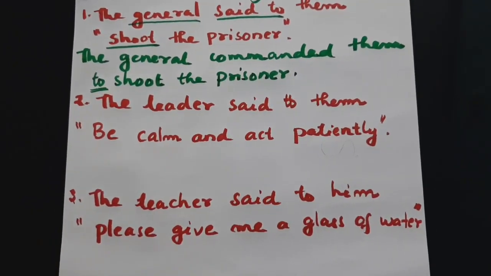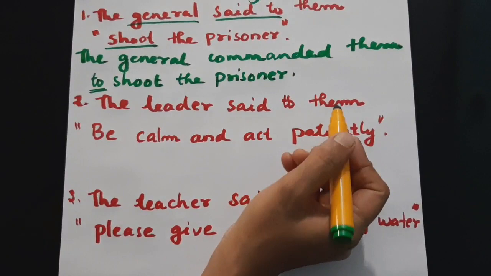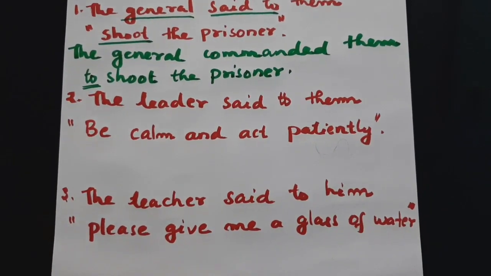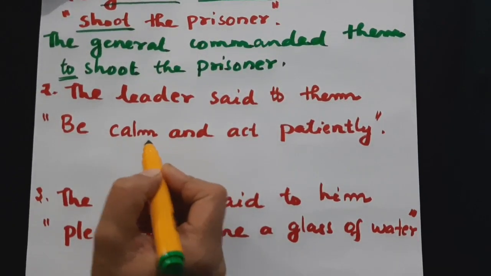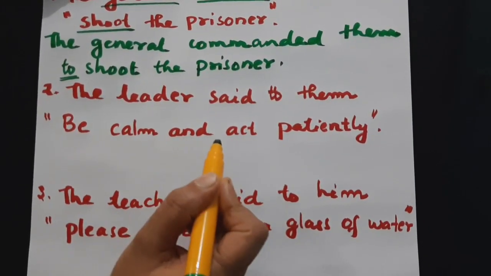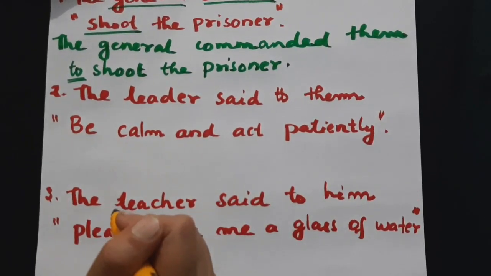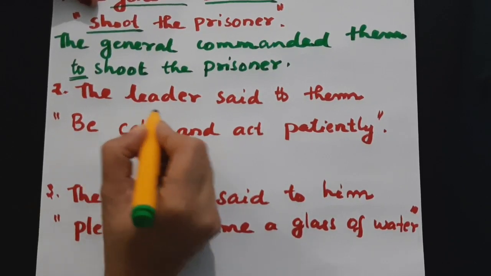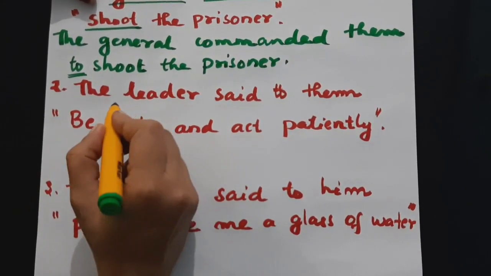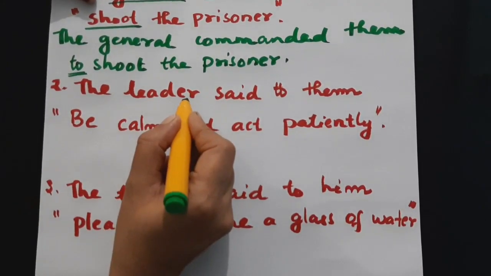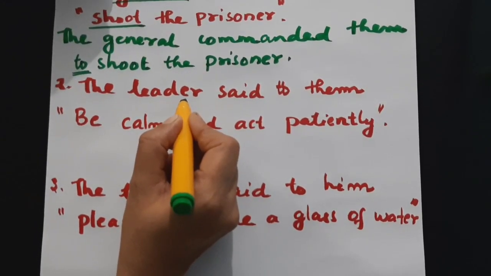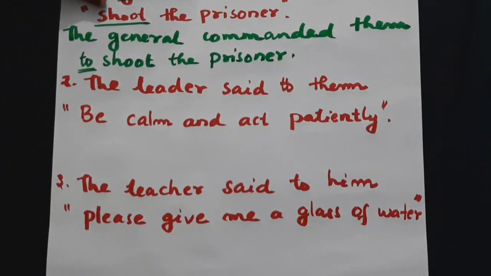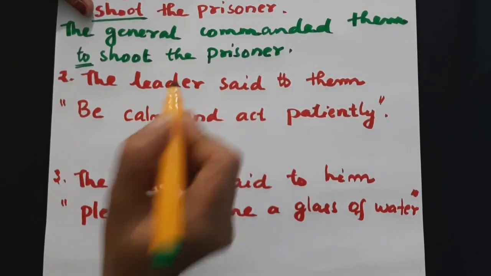Come to the next example. The leader said to them, be calm and act patiently. Actually, the sentence sounds like an advice, isn't it? Yes. But I just consider this as an order because, see who is giving this and who is telling the sentence? The leader. The leader means a superior person, and he is giving advice to the person who is inferior to them, so I just check it as an order.